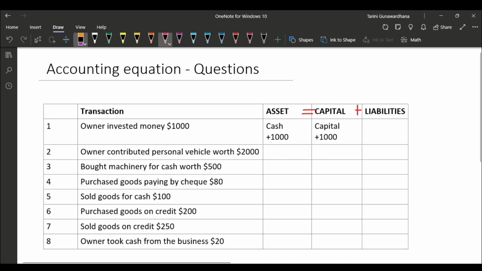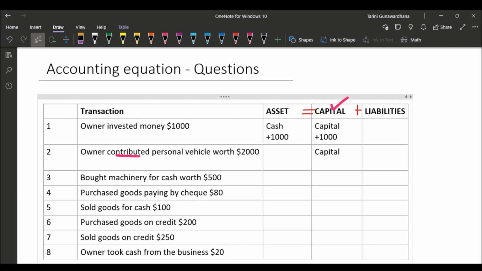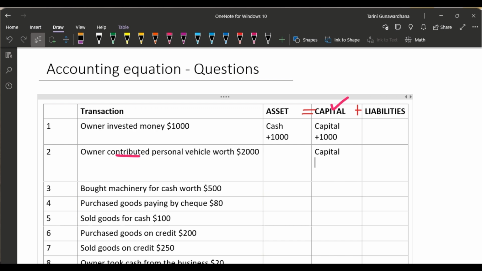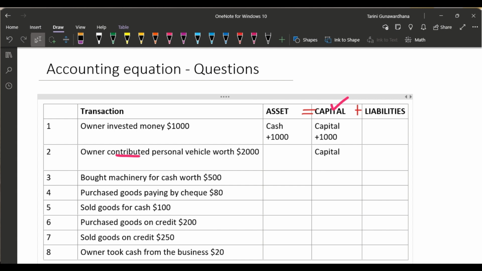Question number 2. Owner contributed personal vehicle worth 2,000. So again, owner's contribution, which makes it capital. We can say capital plus 2,000.